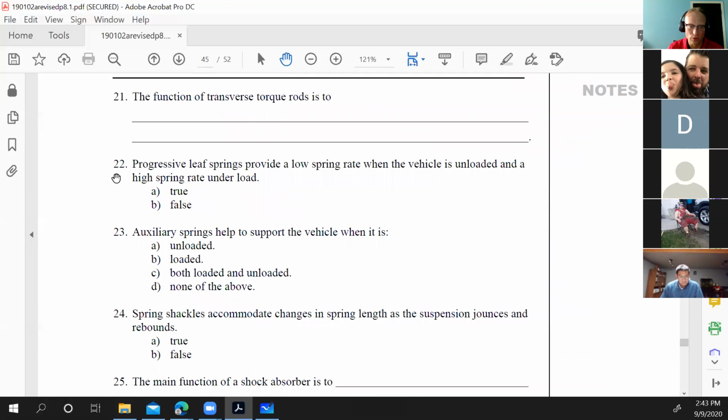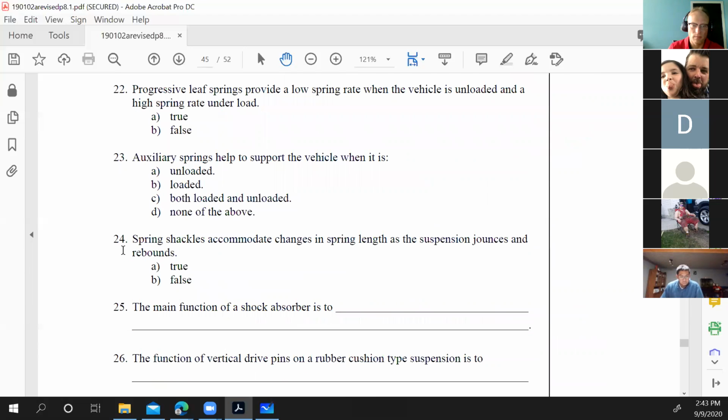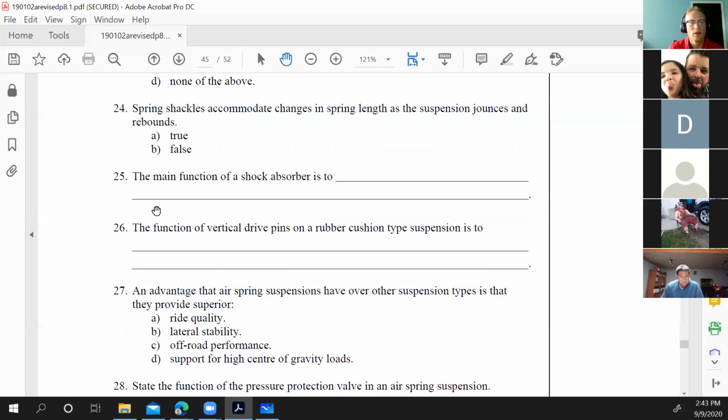And yeah, true. So a nice low cushy spring rate when they're unloaded and a higher spring rate under load.